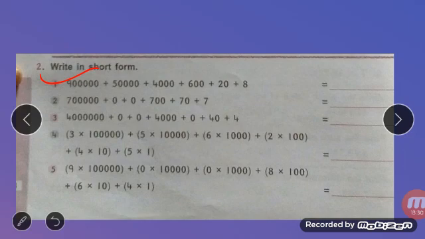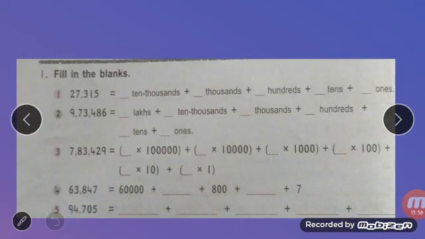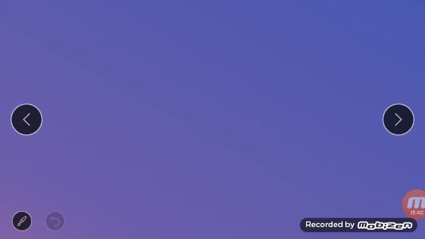So here the number is 9 lakhs. Here in this page I will solve for you. Question 2 of page number 24. What heading do you have to write? Write in short form.